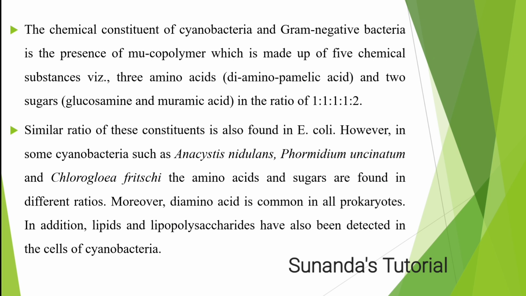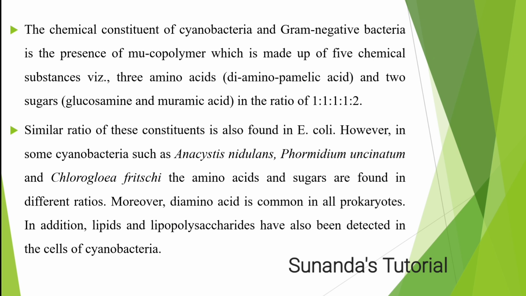Okay, next, the chemical constituent of cyanobacteria and gram-negative bacteria is the presence of mucopolymer, which is made up of five chemicals, 3 amino acids and 2 sugars. A similar ratio of this constituent is found in E. coli also.